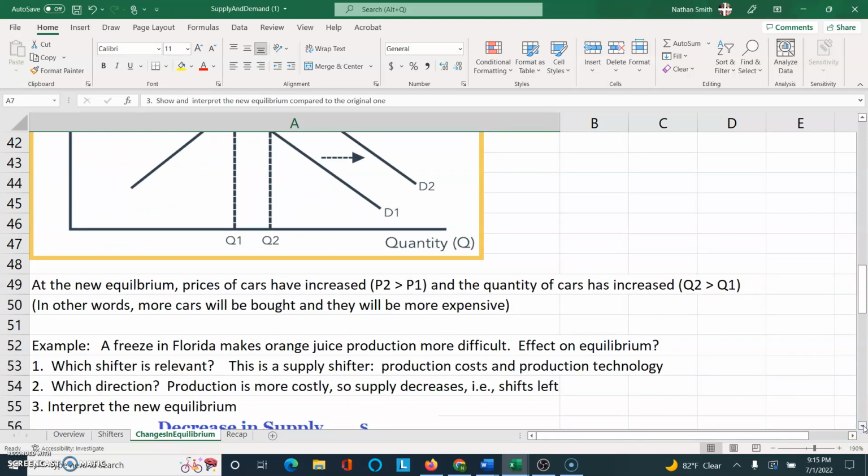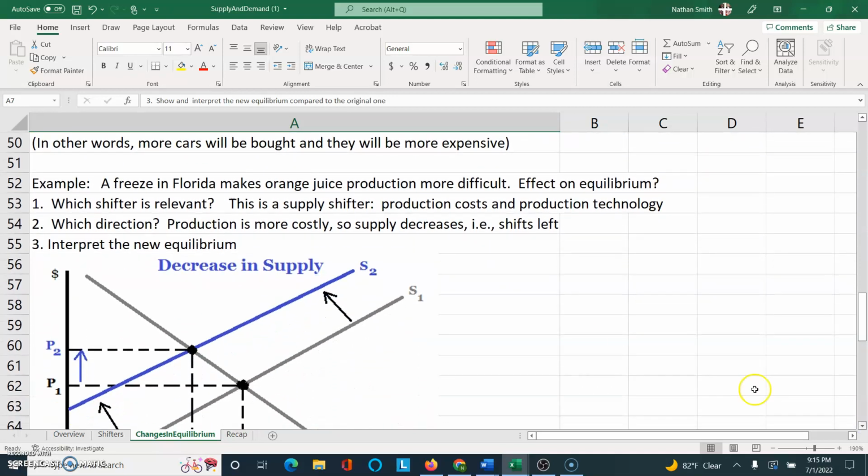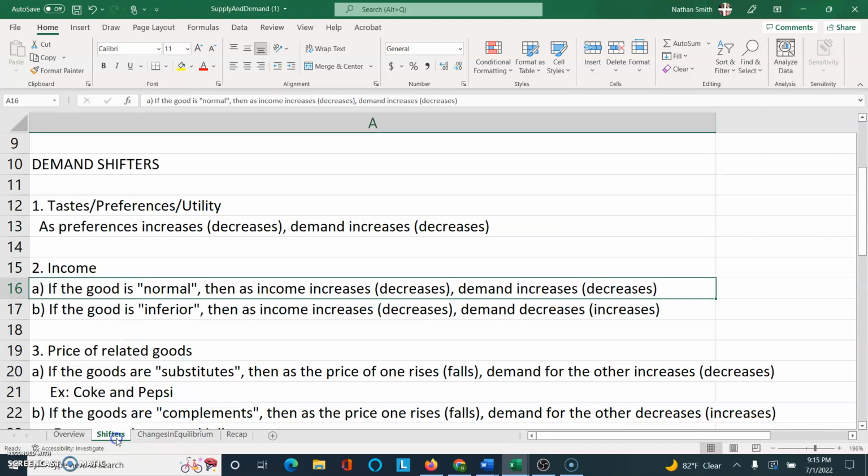All right, let's take a look at a supply example. A freeze in Florida makes orange juice production more difficult. Effect on equilibrium. So again, the market in this case is orange juice. Let's take a look at which shifter is relevant. Let's go to our list.